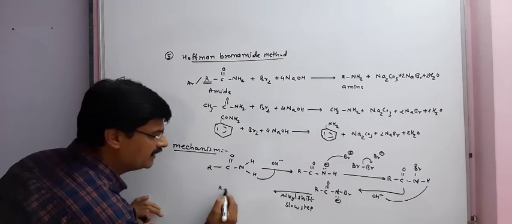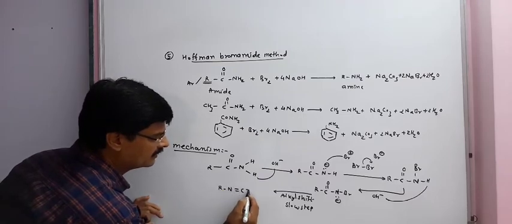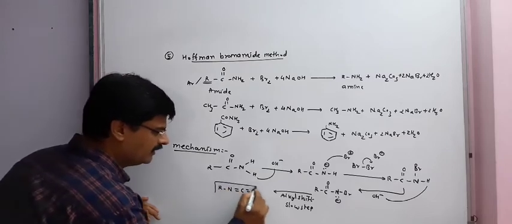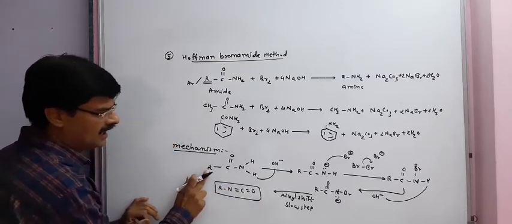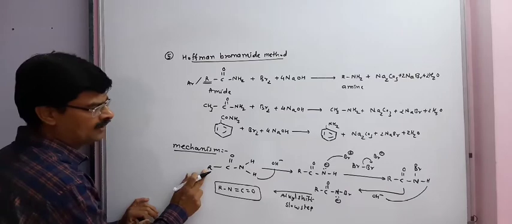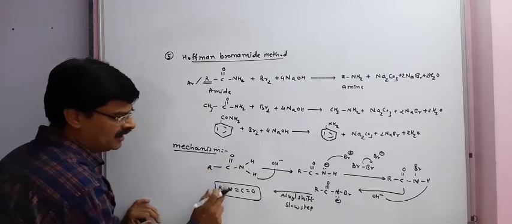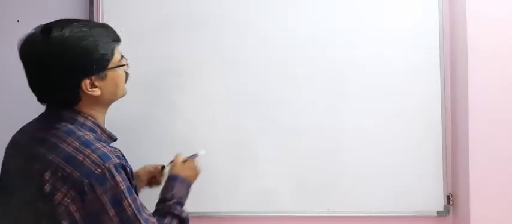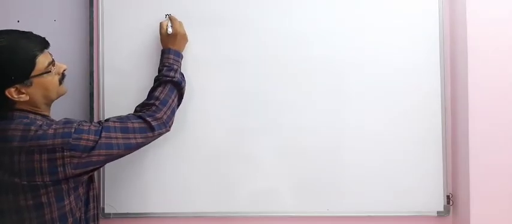Finally we get R-N=C=O. So here we can understand that the alkyl or aryl group which was with carbon has now shifted towards nitrogen.